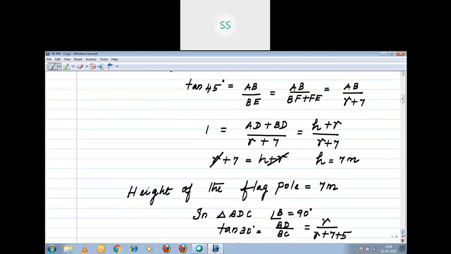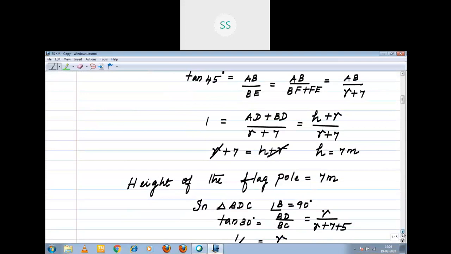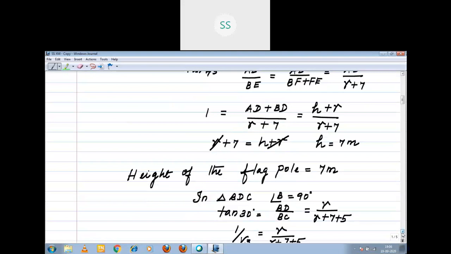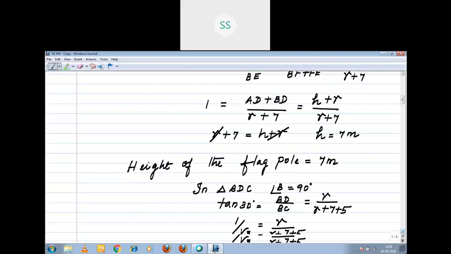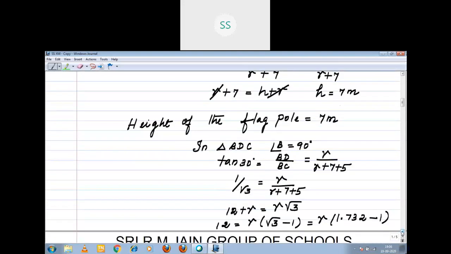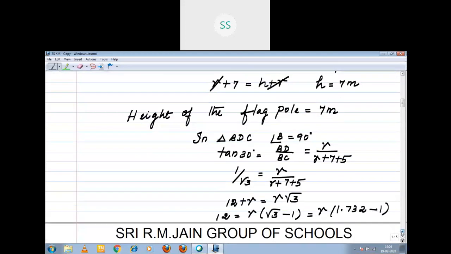Then I consider triangle BDC, angle B equals 90 degrees. Then I can apply trigonometry: tan 30 degrees equals BD divided by BC. BC is nothing but BF plus FE plus EC, so R plus 7 plus 5, or R plus 12. Then 12 plus R equals R root 3. 12 equals R into root 3 minus 1.